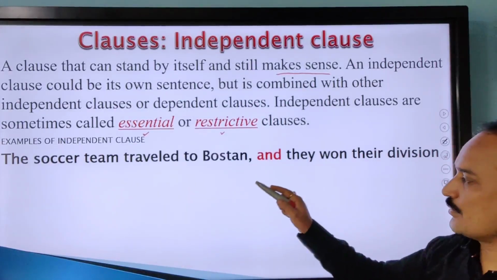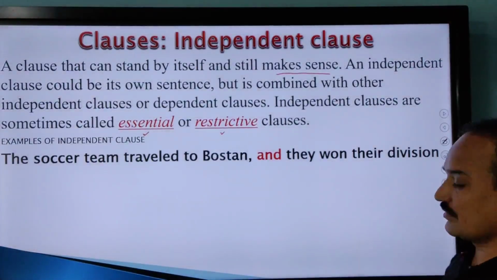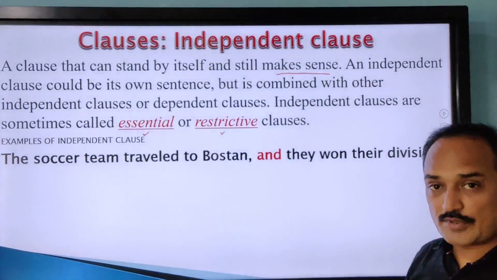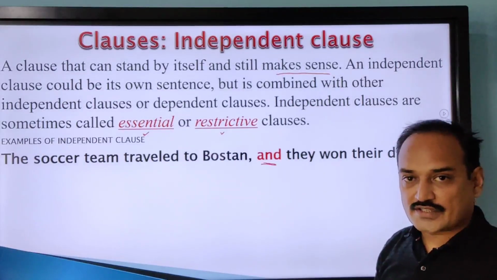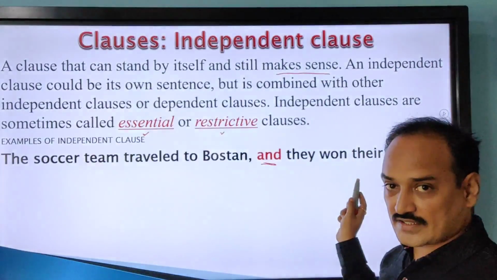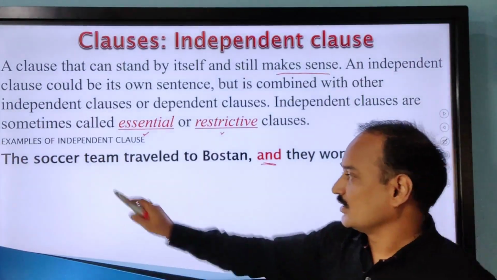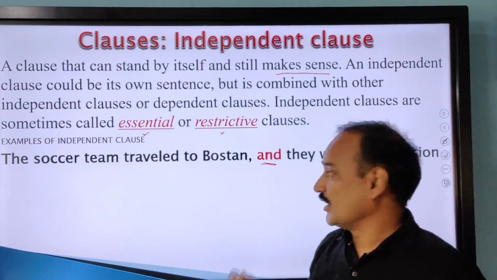The soccer team traveled to Boston and they won their division. Now in this sentence, let me be very clear that though this conjunction is there, if we take this as one sentence and that as another sentence, we find that the soccer team traveled to Boston has a clear meaning, there is no issue.